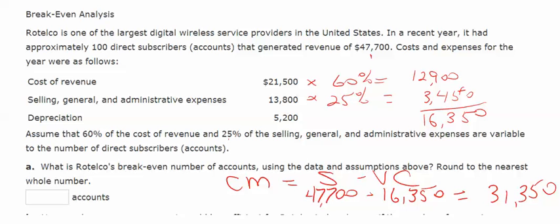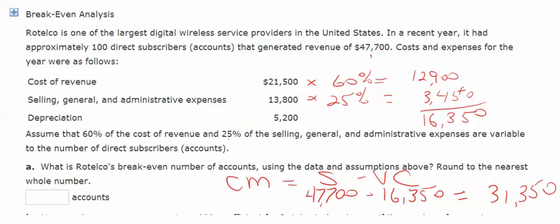That number represents my contribution margin for 100 subscribers, right? The question is, what's my break even for the number of accounts?